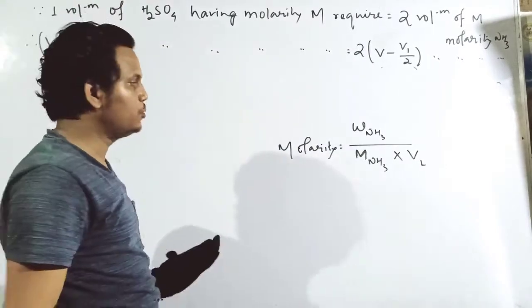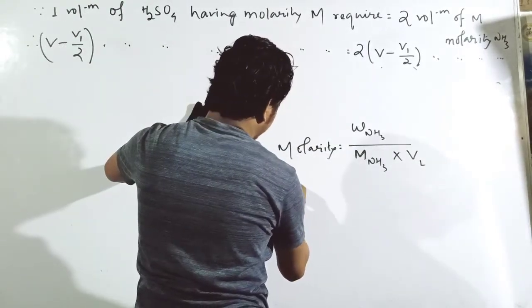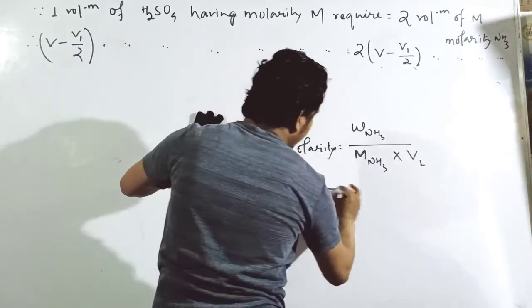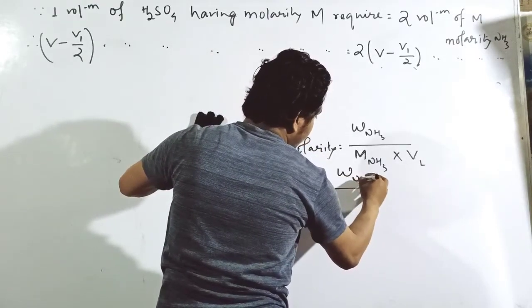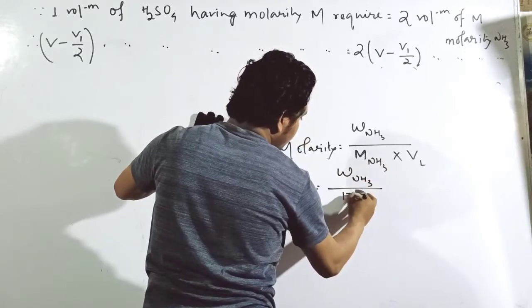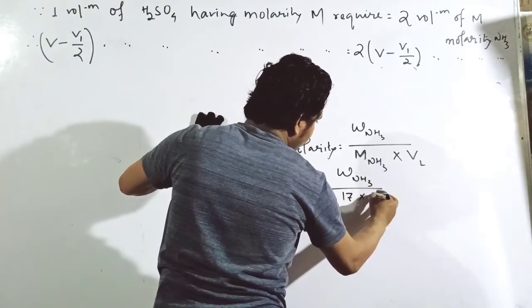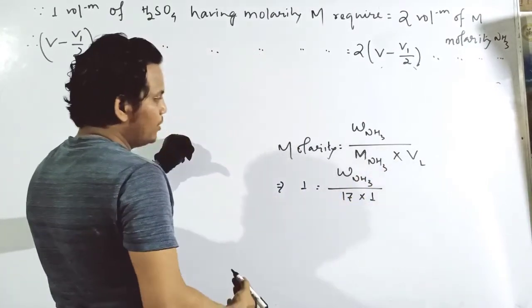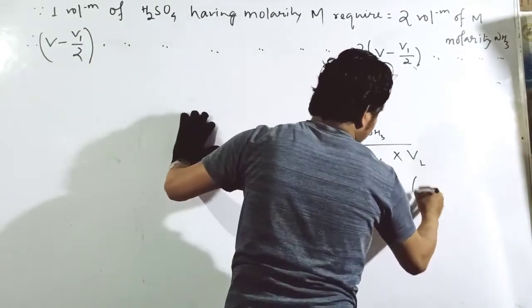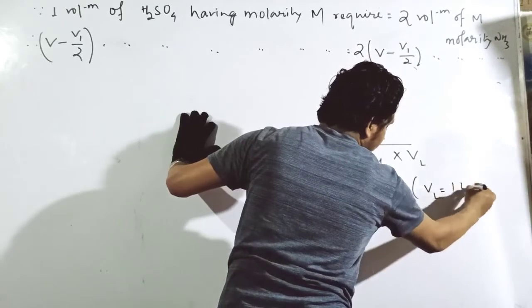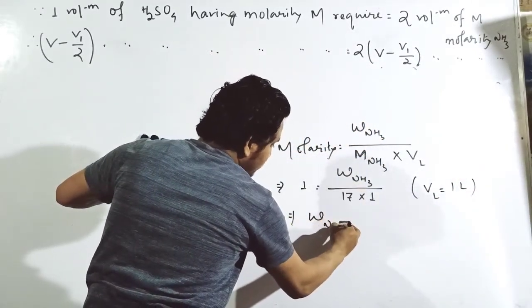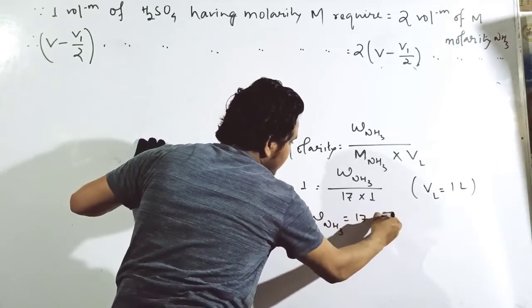So if molarity is 1, the molar mass of ammonia is 17, and volume in liter we have considered 1, then what we will get, given mass of ammonia is 17 gram.